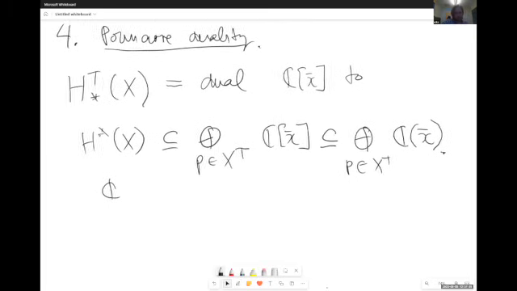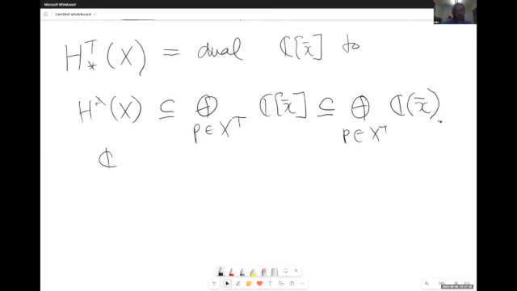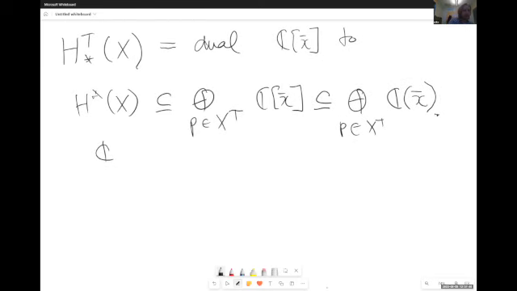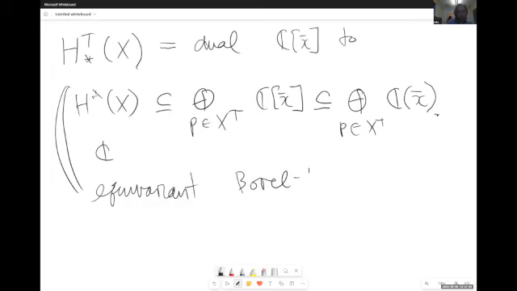So maybe I'll return to this in a sec, actually. And so this is equal to the equivariant Borel-Moore homology. This is actually quite important.